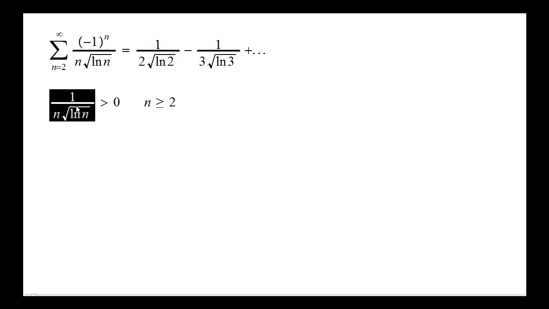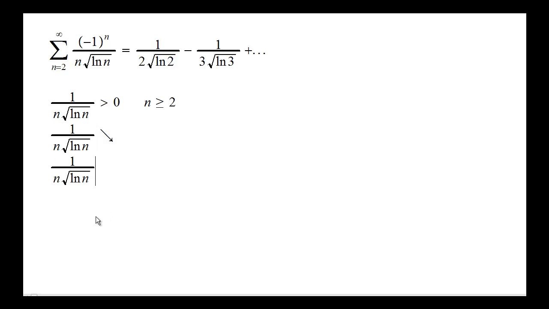Also, as n increases, looking at the positive integer values of n greater than 1, this sequence decreases, and this goes to 0 as n goes to infinity. Therefore it passes the alternating series test and it converges.